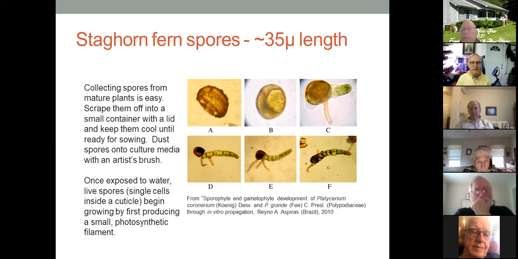Once exposed to water again, the live spores, which are single cells, begin growing by producing a very small filament. And as you can see here, this filament actually produces chloroplasts, and chlorophyll is present so that the little creature can actually make its own food.